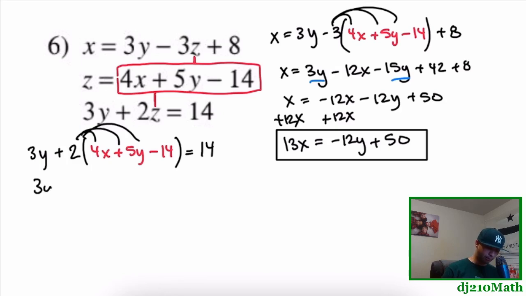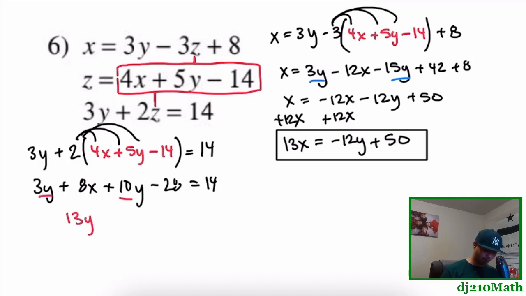We get 3y plus 8x plus 10y minus 28 equals 14. All right, on the left, we can combine 10 and 3. So 13y plus 8x. I'm going to add 28 plus 28. So it's equals 42.